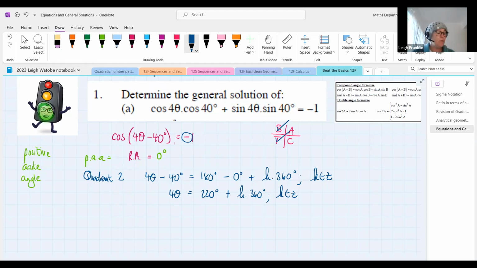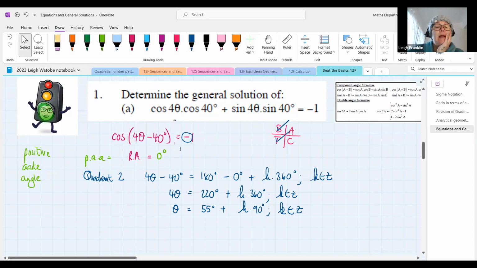And the last thing that we need to do is divide through by 4 every term, including the k times 360. So we are going to end up with theta is equal to 55 plus k times 90, k is an element of the integers.